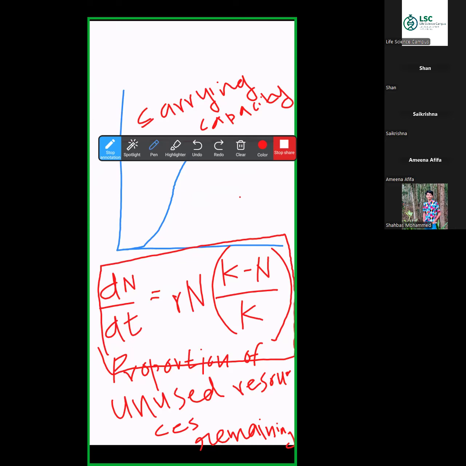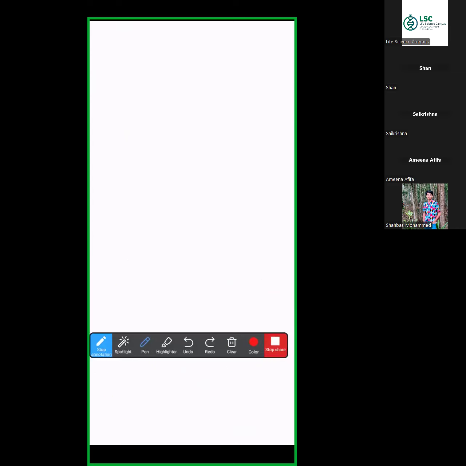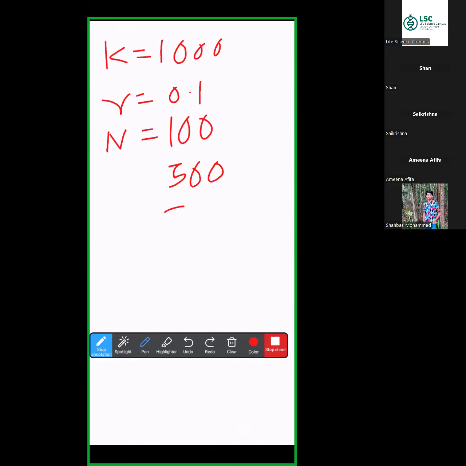So I will give you some values. Find dN by dt according to these. K is equal to 1000, R is equal to 0.1, and N is equal to 100, 500, and 900.